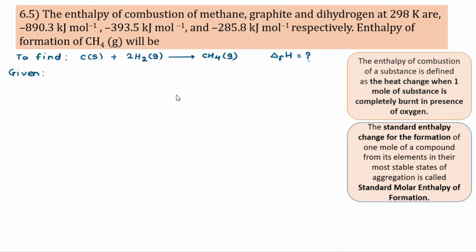Then let's write down the given quantities. In this question, enthalpy of combustion of three compounds are given. So what is the meaning of enthalpy of combustion, which is given in this definition? The enthalpy of combustion of a substance is defined as the heat change when 1 mole of substance is completely burned in presence of oxygen. So in this case, combustion of methane means 1 mole of methane is completely burned in presence of oxygen. So let's write down the first reaction.